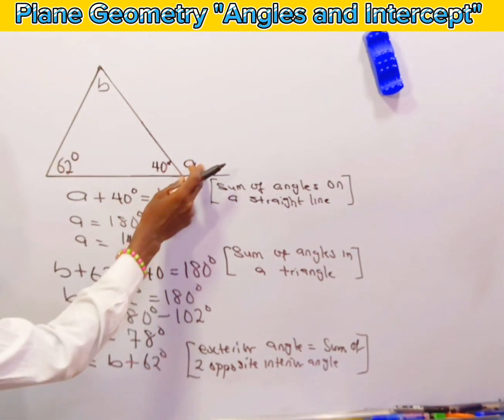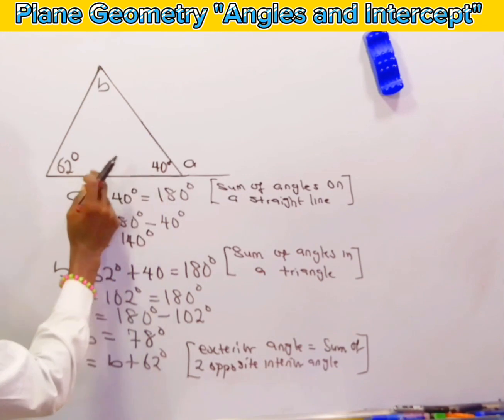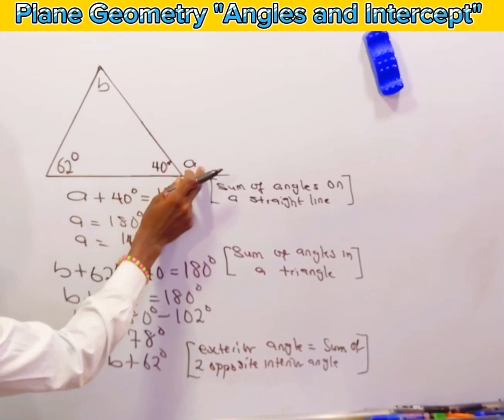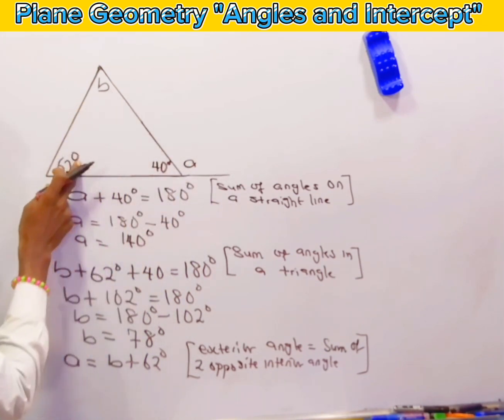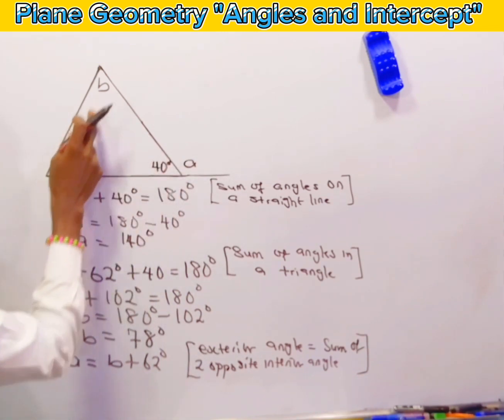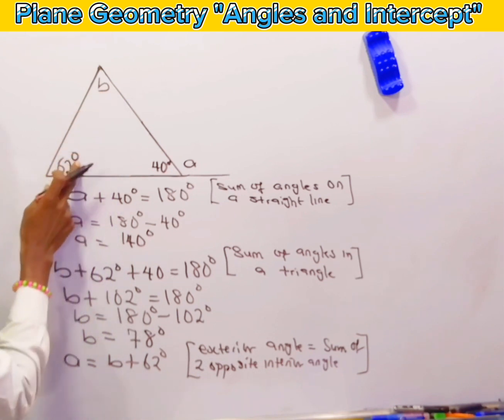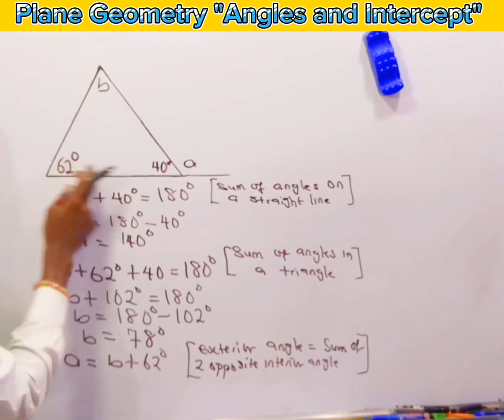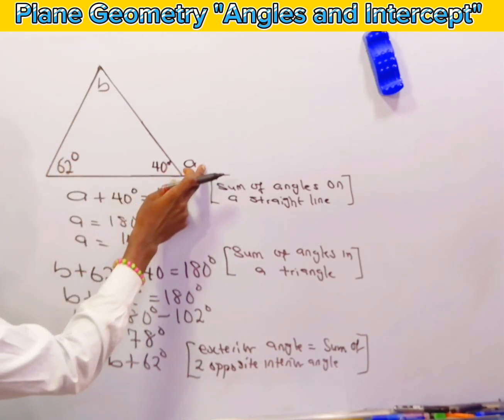And of course, A is the exterior angle to this triangle. So we can say A is equal to B plus 62, which is, the exterior angle is equal to the sum of the two opposite interior angles. B and 62 are interior and they are opposite to A.